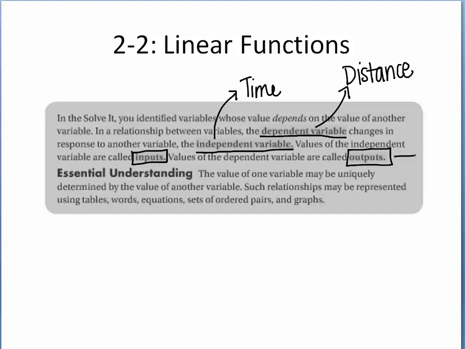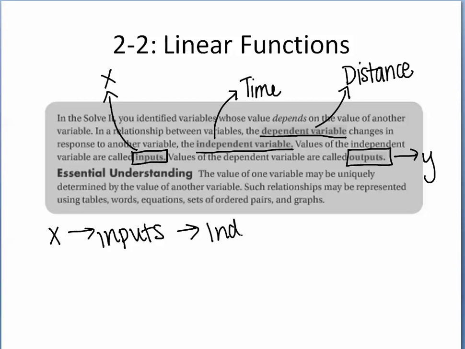So the outputs, the letter that we usually use when you think of graphing is Y. And the inputs are X. So essentially think X, those are your inputs, and those are your independent variables.